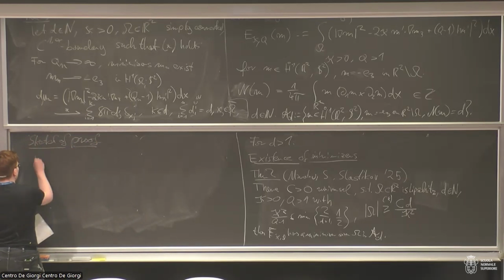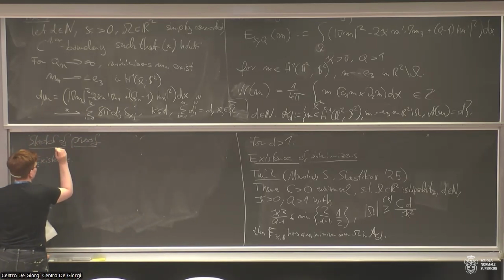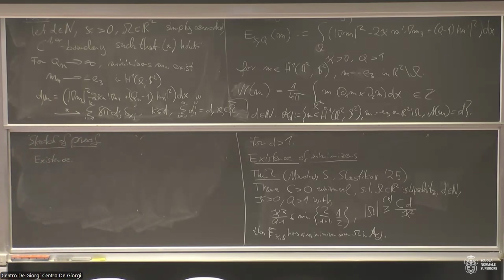I'm actually only going to sketch existence. The concentration part is finding the correct reference in the literature and applying it. For the existence, in degree one, you basically need two ingredients.